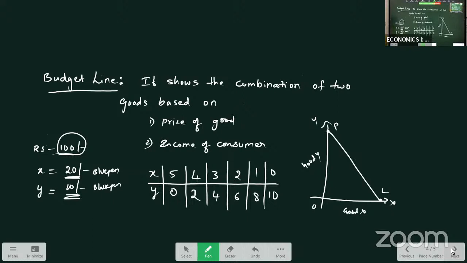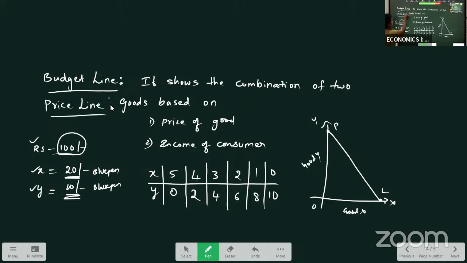Next, budget line. It shows the combination of two goods based on price of the commodity and consumer's income. Depending on that, we do various combinations here, right? That is called as budget line. This budget line is also called as price line. Don't get confused again.